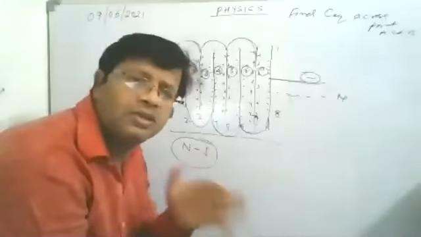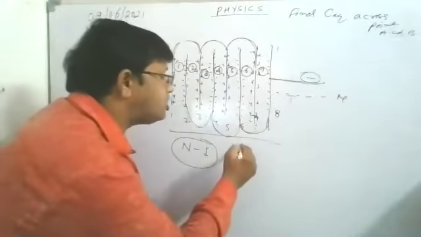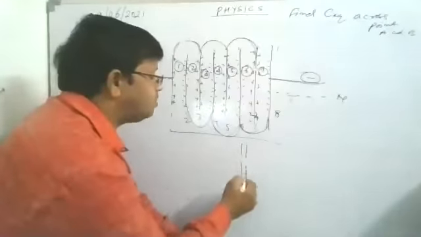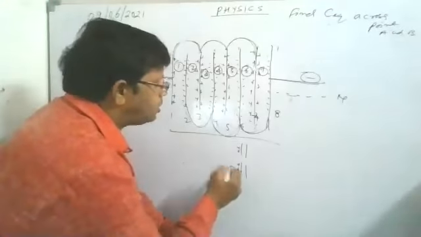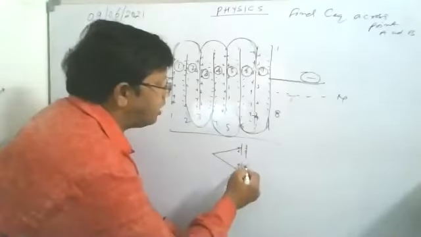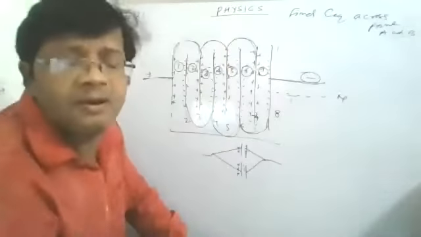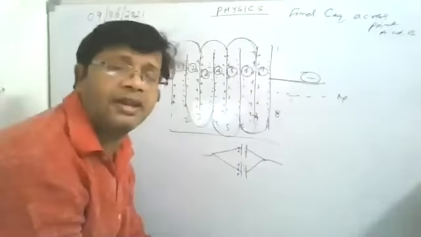So this will be similar to a parallel combination. In parallel combination, I explained it with a very simple diagram. This is a positive plate, all these positive plates are connected at the same point, negative plates are connected at the same point. So similar cases there, but this is slightly more analytical.